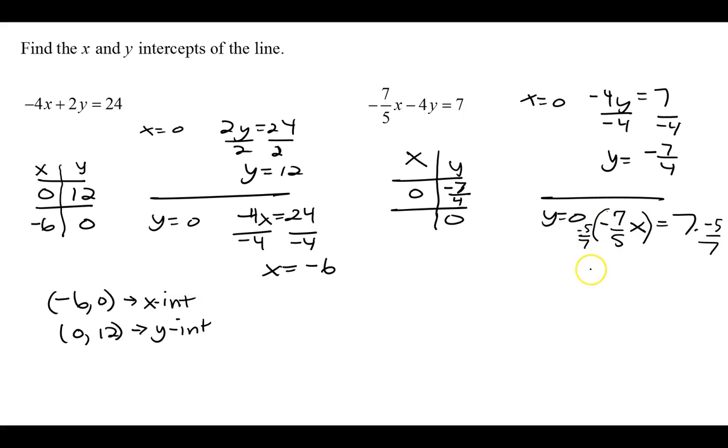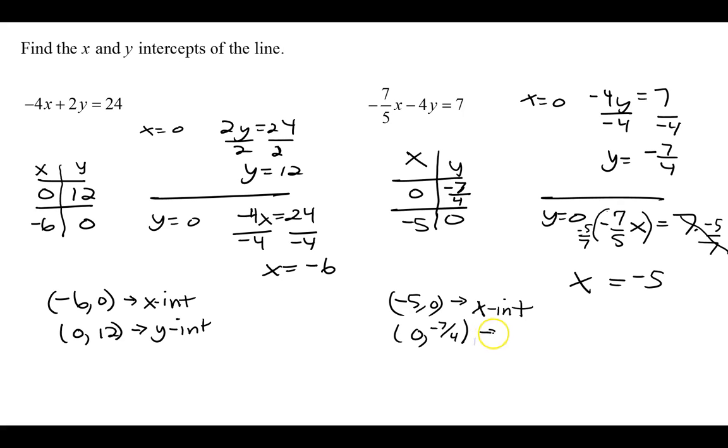You get everything to cancel out and get your x by itself, and then the 7's cancel to get negative 5. So the point negative 5, 0 is your x-intercept, and the point 0, negative 7/4 is your y-intercept.